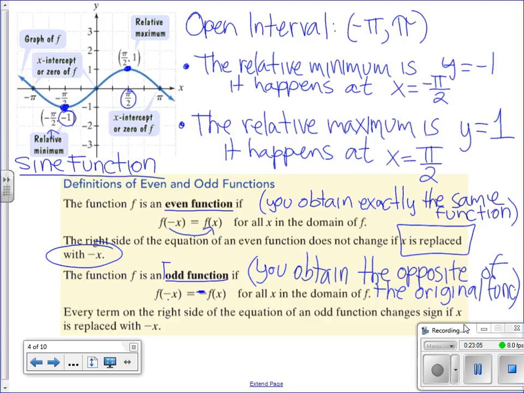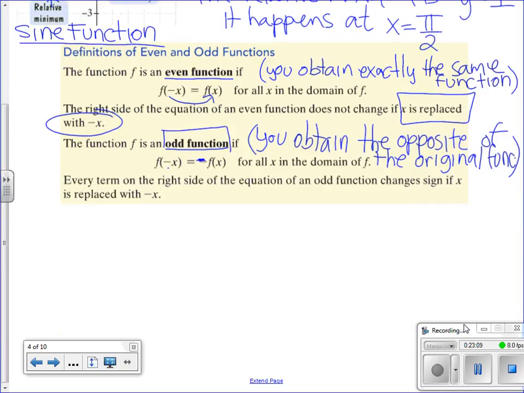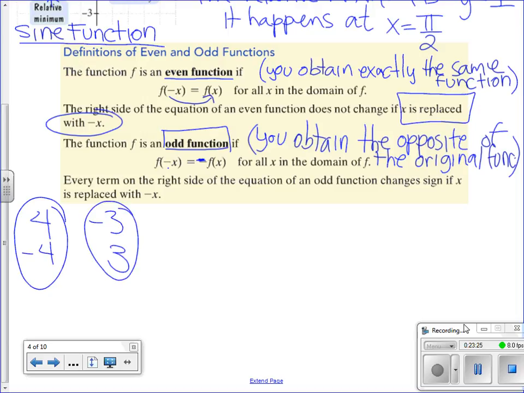And when I say the opposite, I'm going to give you a very simple example with numbers. For example, 4, the opposite of 4 is negative 4, right? Yes? Okay. If we have negative 3, what is the opposite of negative 3? 3. Okay. So if we have something like negative 2x, what will be the opposite of that? Positive 2x. Very good. Now, if we have something like x plus 3, what will be the opposite of that?